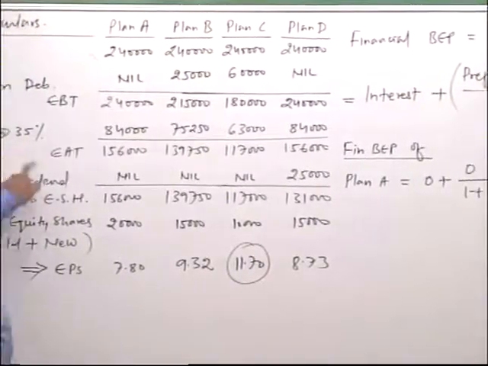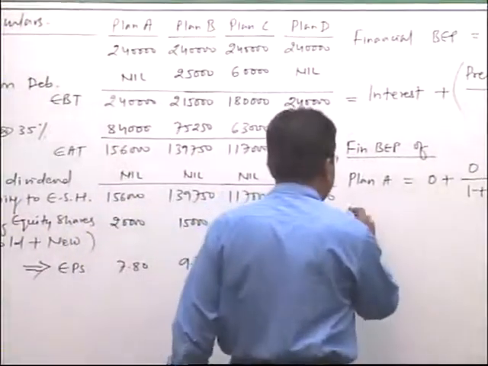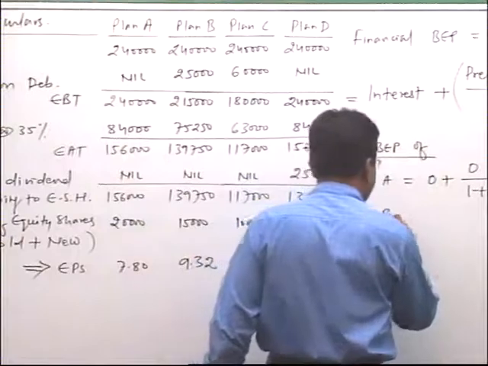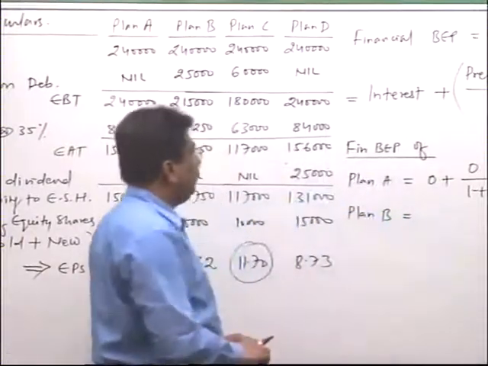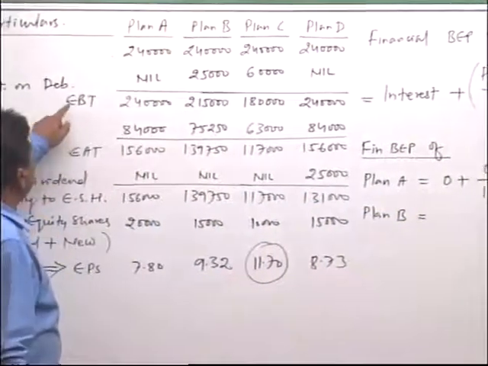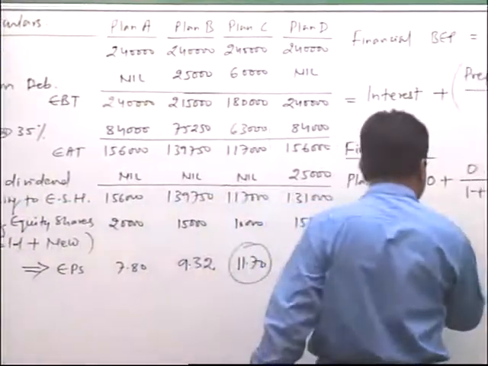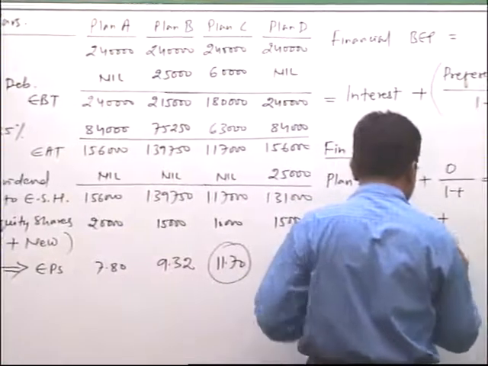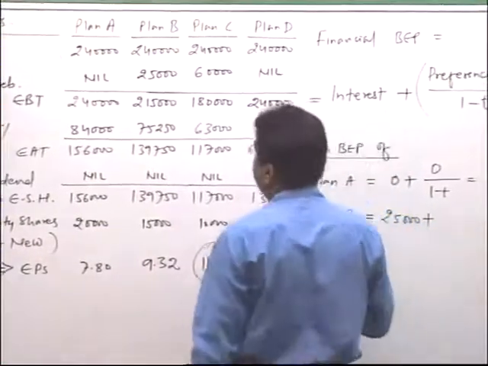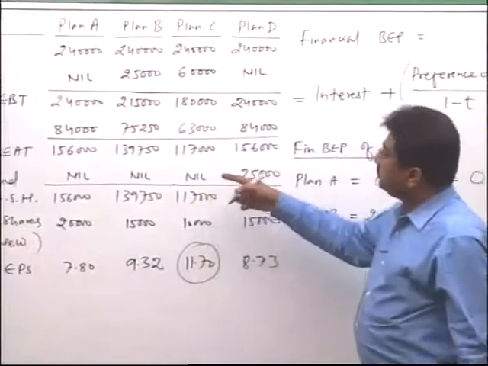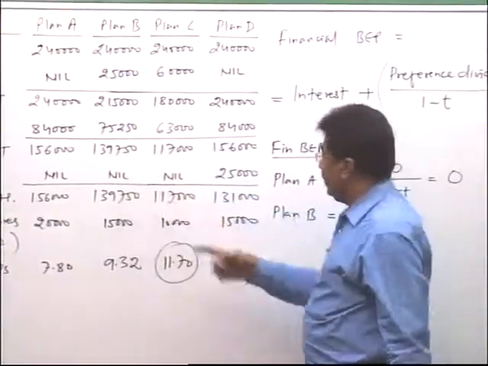Same way in plan B, put the figures. The interest in plan B is 25,000. So, 25,000 plus preference dividend, which in plan B is 0.